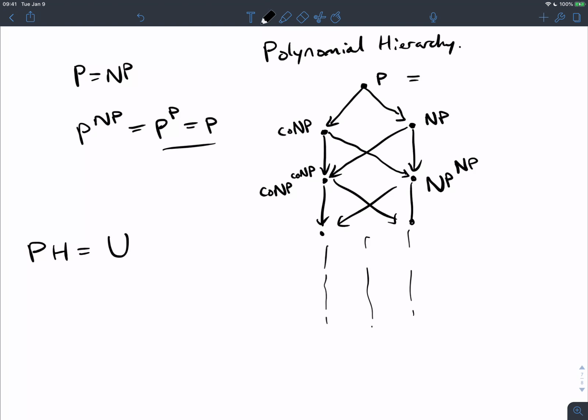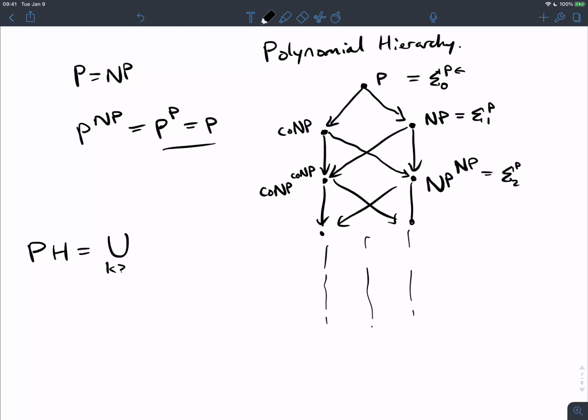The beginning layer, I'm going to call sigma 0. I'll do the actual notation: it's sigma 0 to the power P. The P up here doesn't actually mean anything, it's just for notation purposes. Then the next layer is sigma 1 to the P, next one is sigma 2 to the P, and then sigma 3 to the P, 4, whatever.